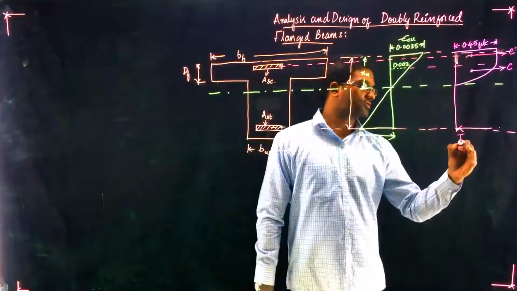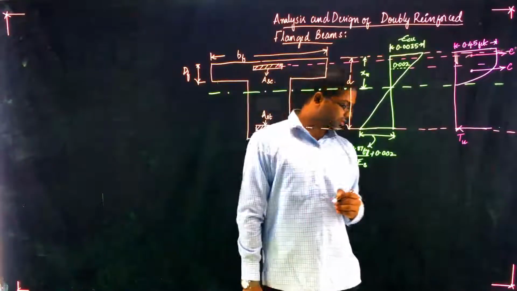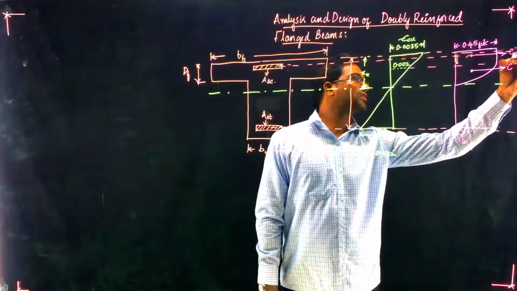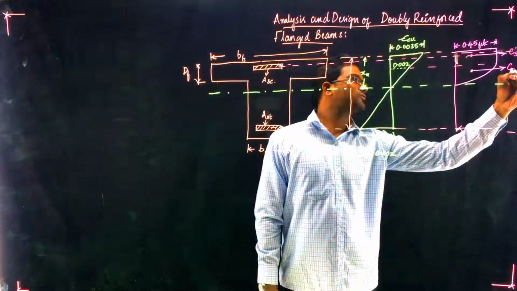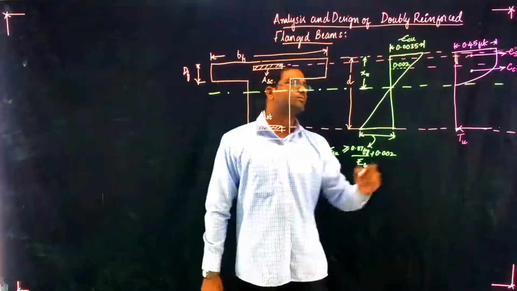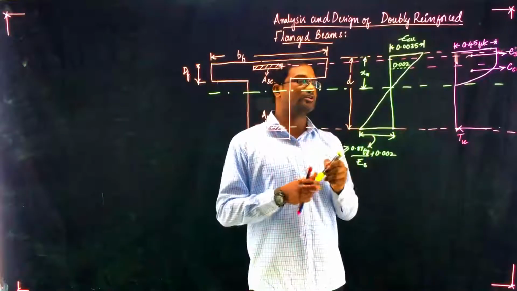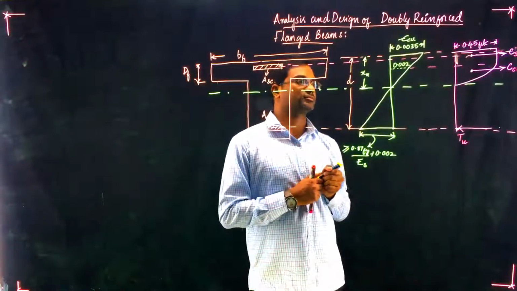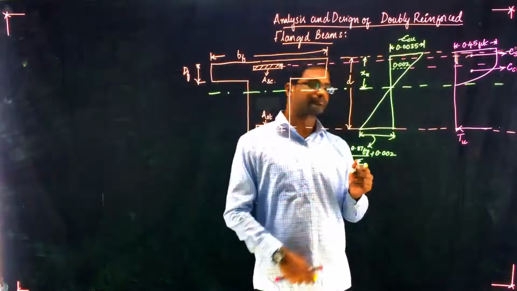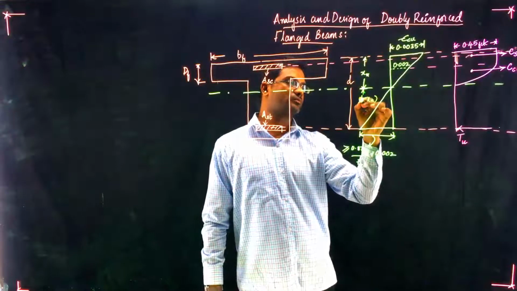So this is Tu ultimately, and we will denote the compressive force of steel and compressive force of concrete. And if this is hcu and this is total D, this would be D minus hcu.